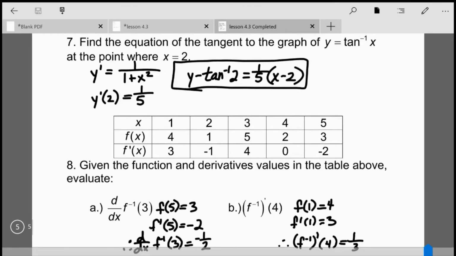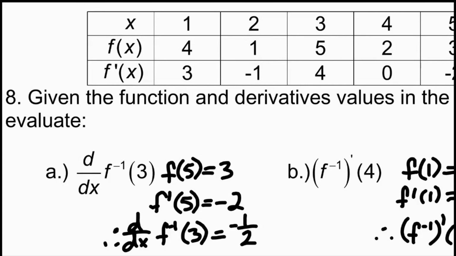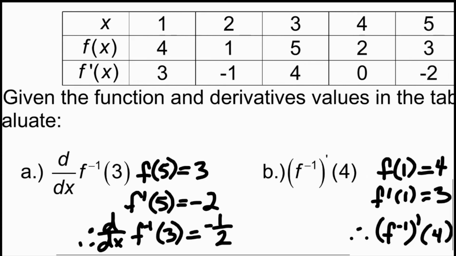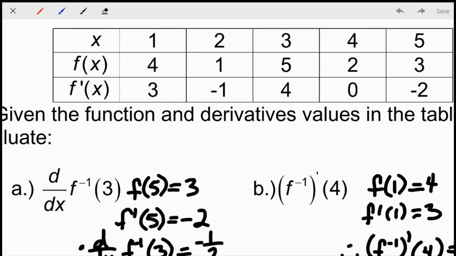Okay, so here's what you should have ended up with. The main thing is we have to know what points are corresponding here. So we're looking at the inverse at 3. When I look at this table, I'm saying, okay, on my original function, where do I get an output of 3? And if you notice, on this point right up here, if I plug 5 into the f of x function, I get an output of 3.